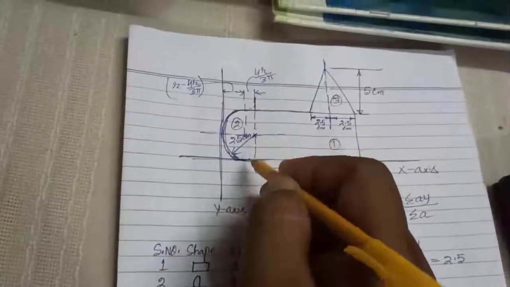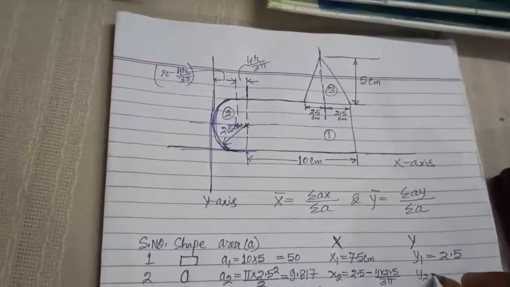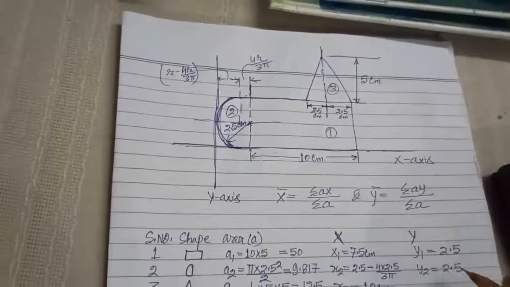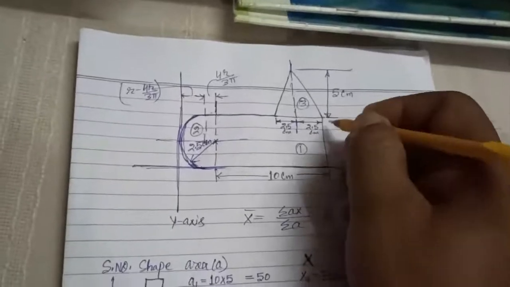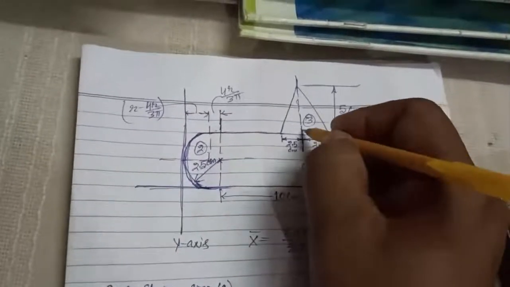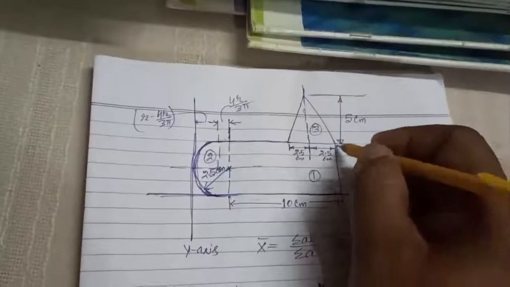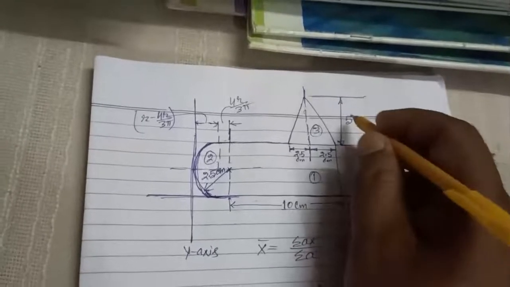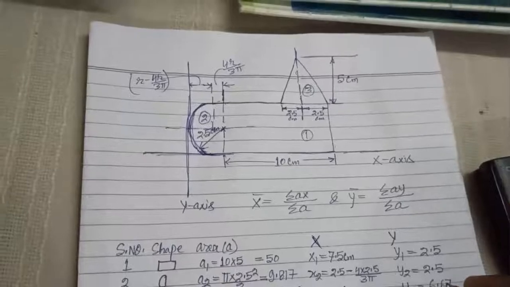This line is also at 2.5 centimeter, equal to the radius. So y2 is also 2.5. And y3 is this much plus this h by 3. So this much is 5 centimeter plus 5 by 3. So 5 plus 5 by 3 is 6.67.